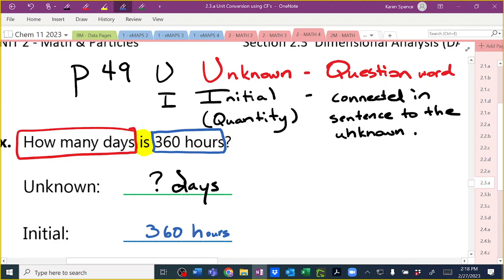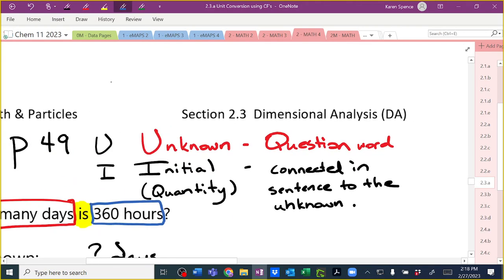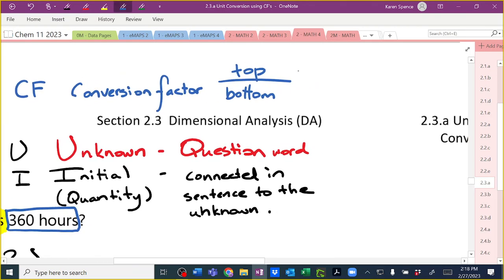A conversion factor, CF stands for conversion factor. It's going to have a top and it's going to have a bottom. These two must be equal.